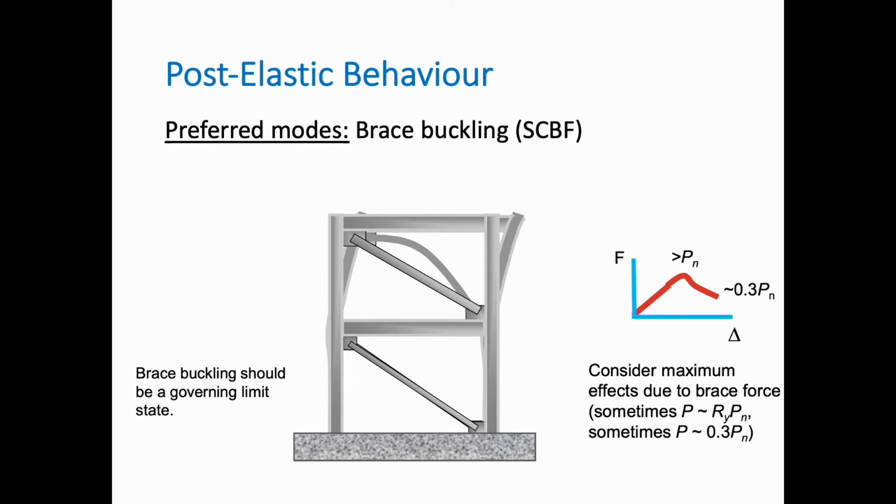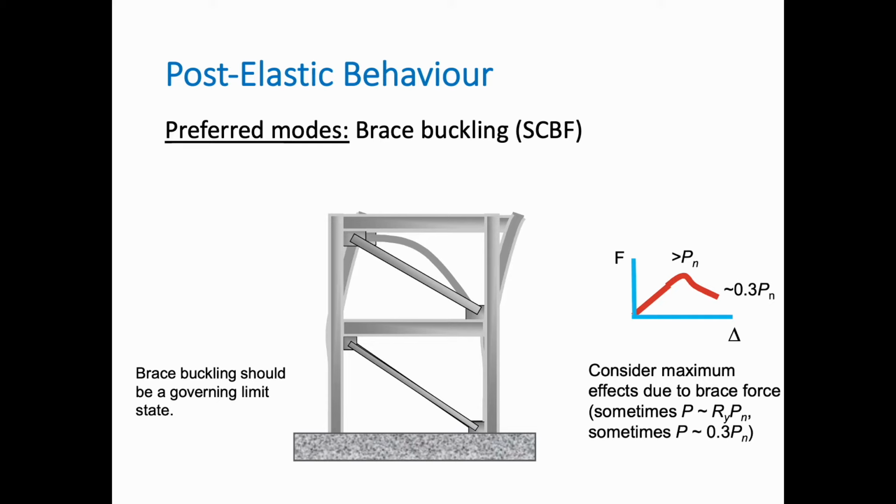The capacity of the bracing now has been reduced in compression to approximately, after several cycles, 30%. So we consider that the maximum effects due to brace are sometimes about 30% reduced.